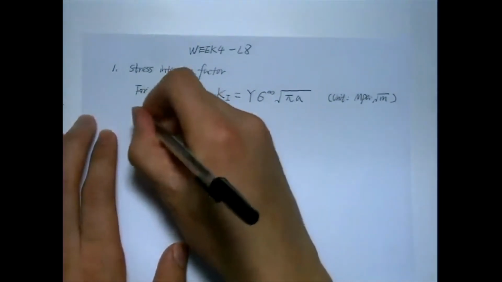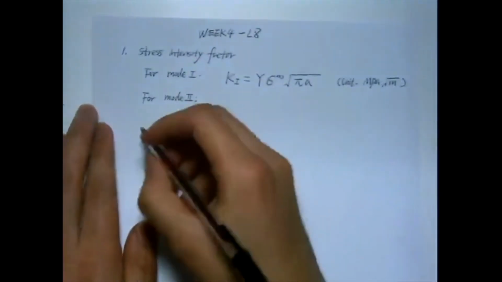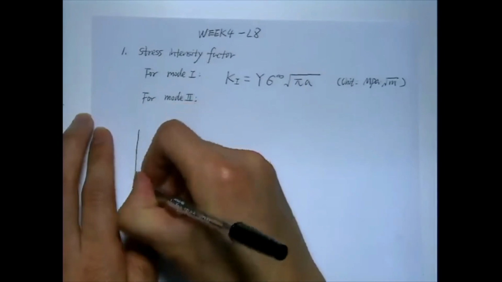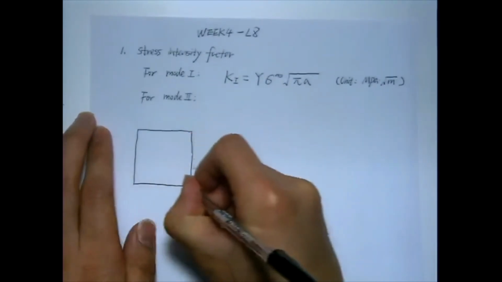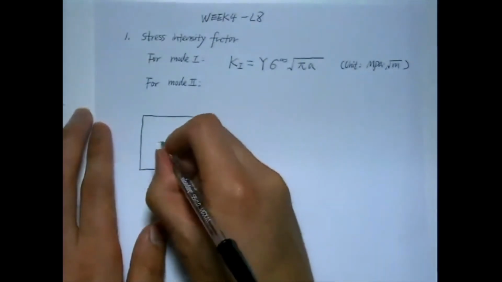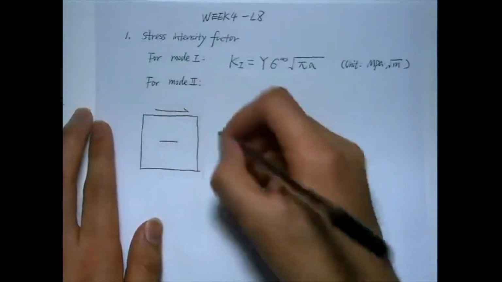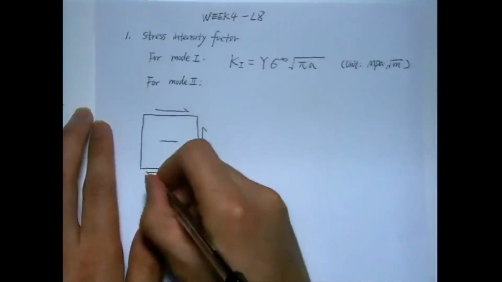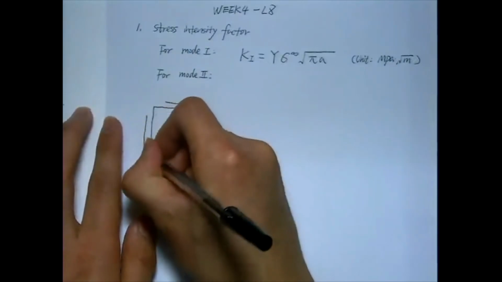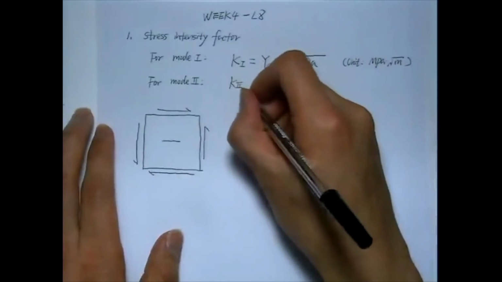For mode 2, let me draw mode 2 to you. So suppose we still have this central notched panel, and we apply a shear load now rather than a uniaxial load. Okay, that will be very similar.